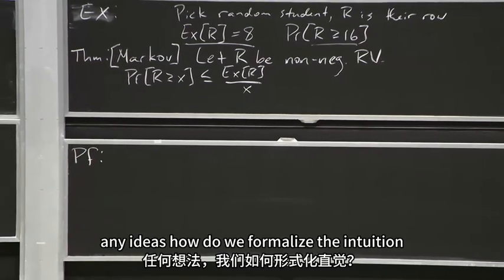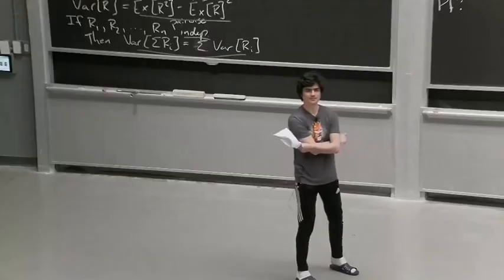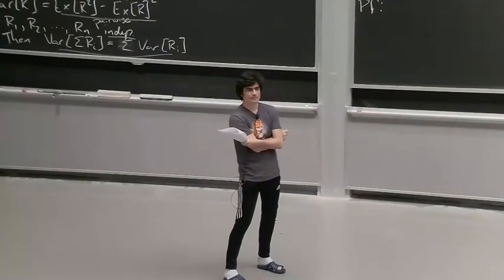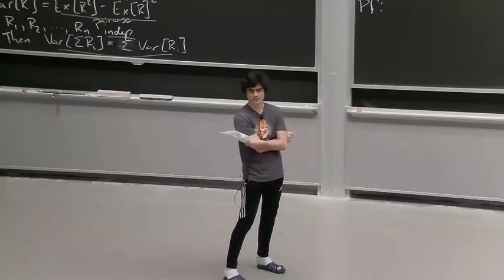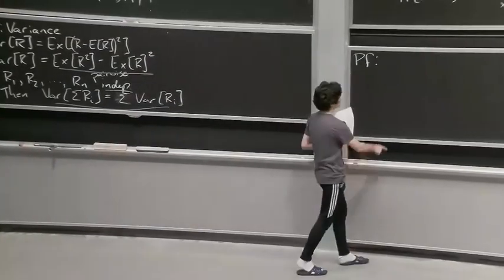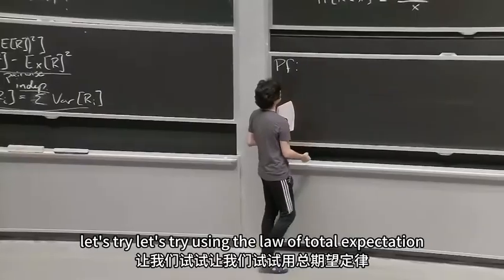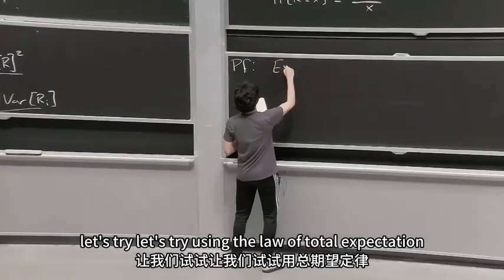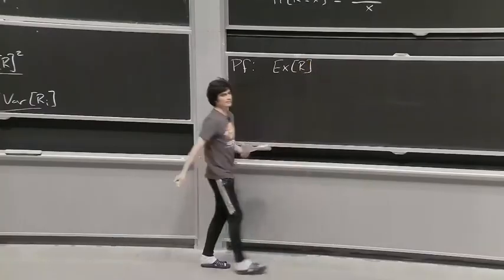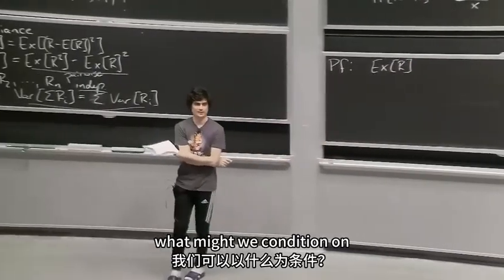Any ideas? How do we formalize the intuition that we were just talking about? Let's try using the law of total expectation. So how can we write the expectation of R? What might we condition on?